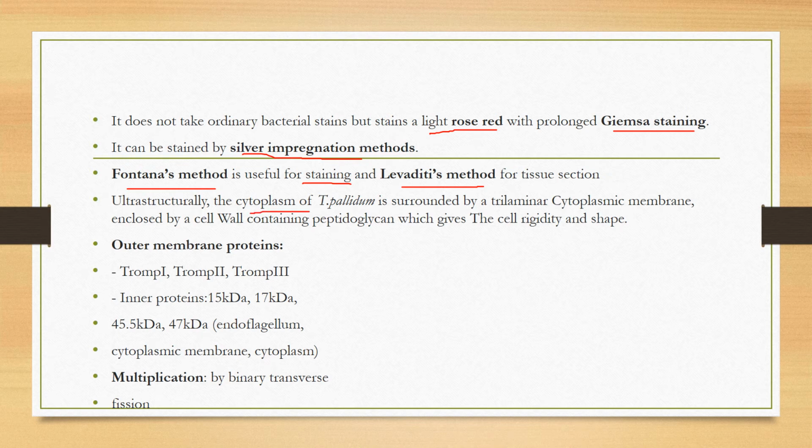Ultrastructurally, the cytoplasm of Treponema is surrounded by a trilaminar cytoplasmic membrane, which is enclosed by a cell wall containing peptidoglycan, which gives the cell rigidity and its shape.